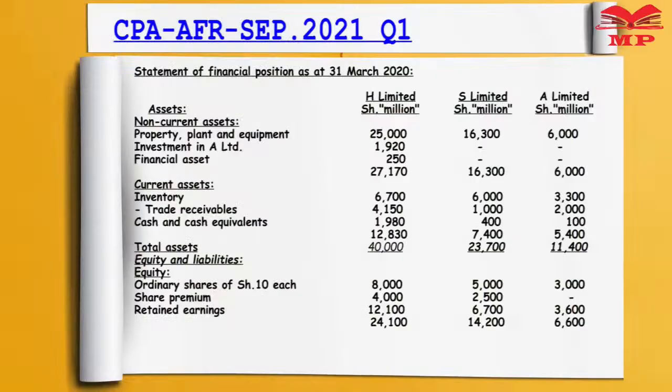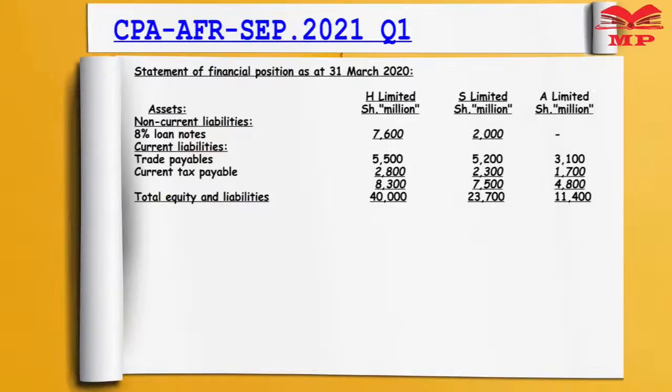Statement of financial position as of 31st March 2020, we have assets, non-current assets, property, plant and equipment, investment in A, financial asset. Current assets, inventory, trade receivables, cash and cash equivalents. Equity and liabilities. Under equity, we have ordinary shares of 10 shillings each, share premium, retained earnings. Non-current liabilities, we have 8% loan notes. Current liabilities, trade payables, and current tax payable.